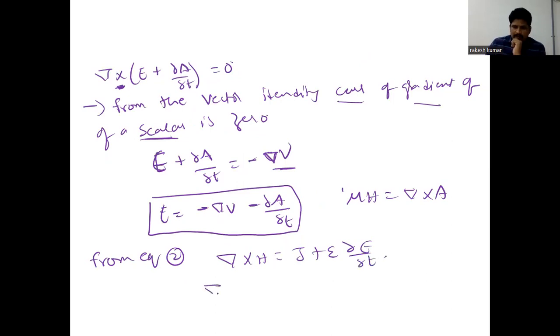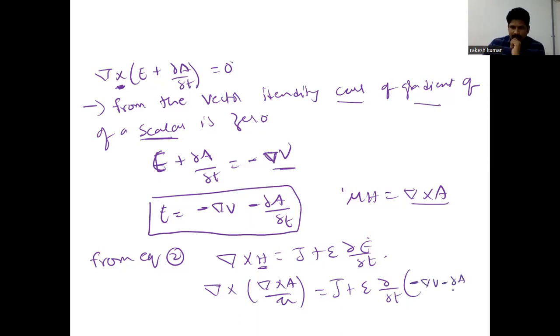So del cross, what is the value of H? Del cross A by mu. So it is del cross del cross A by mu is equal to J plus epsilon into dou by dou t of E. What is the value of E? E is equal to minus del V minus dou A by dou t.